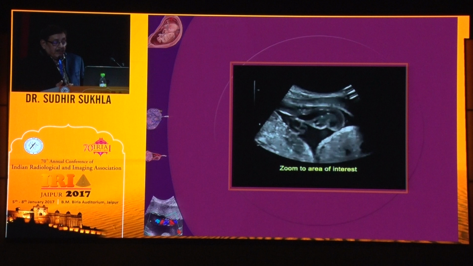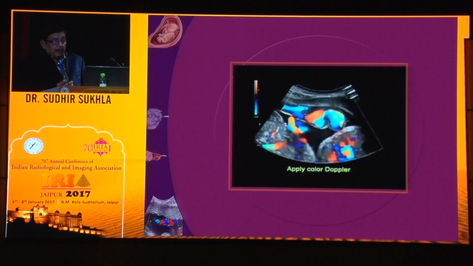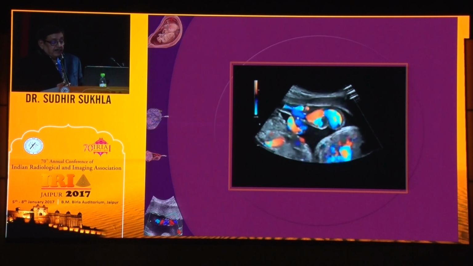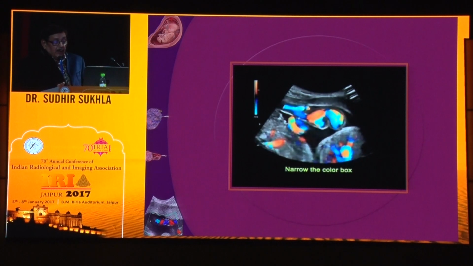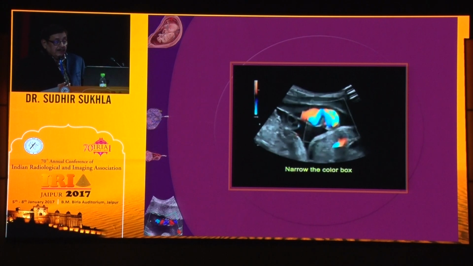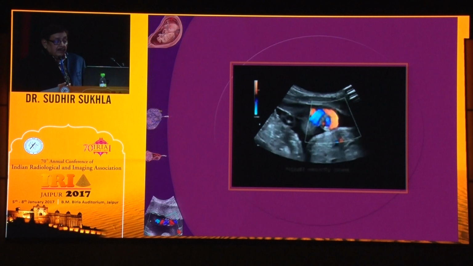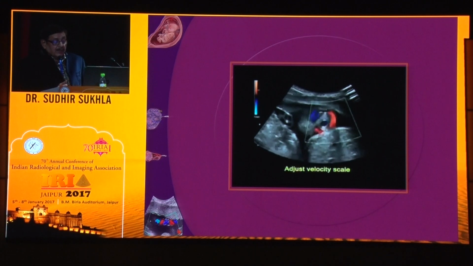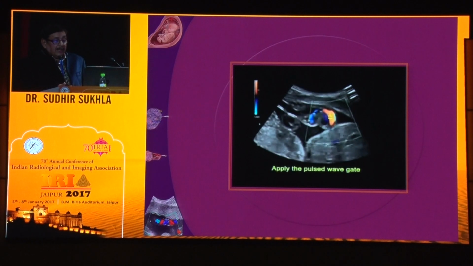Zoom the area of interest, apply color Doppler, narrow the color box, adjust the velocity scale, and apply the pulse wave gate.